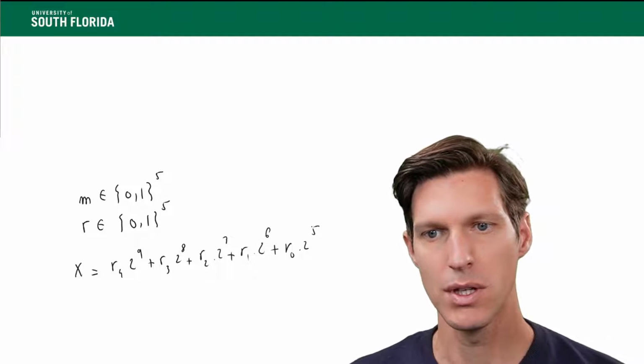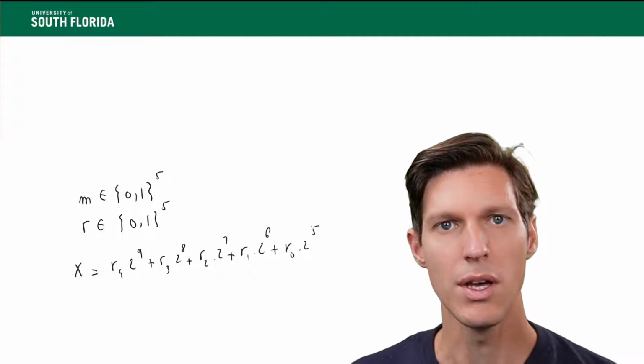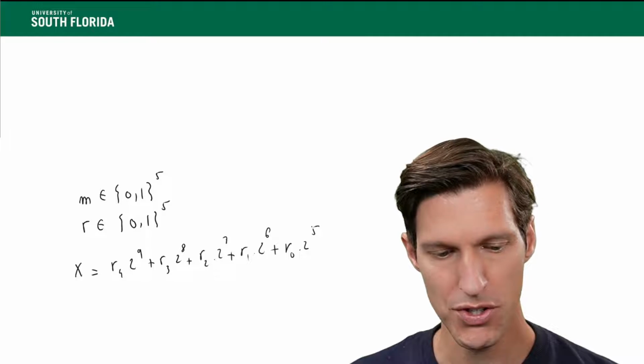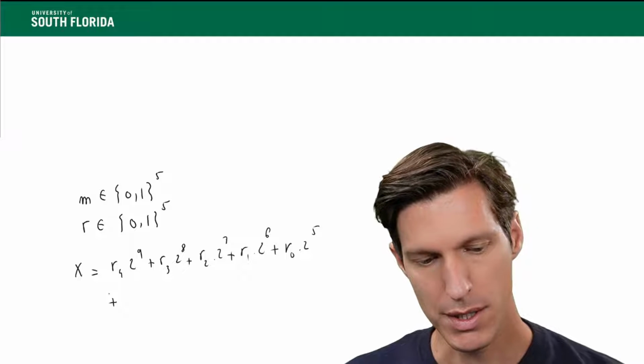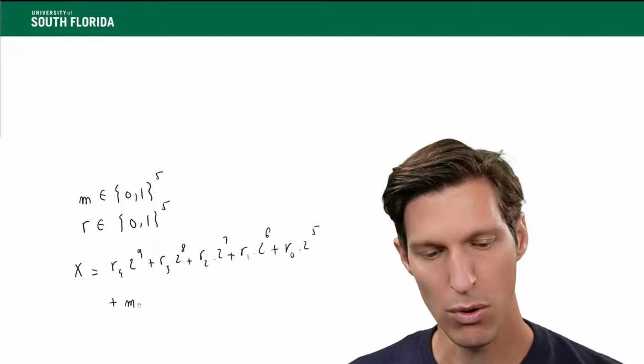So that's for the high order bits, which are all random numbers R0 to R4, plus the message, which is mapped to the low order bits of the number.